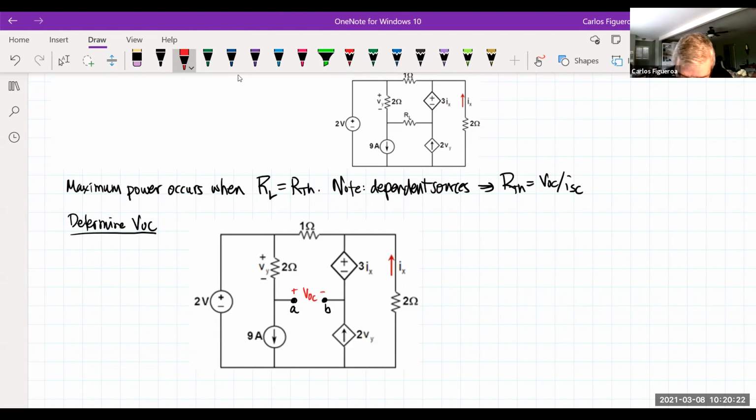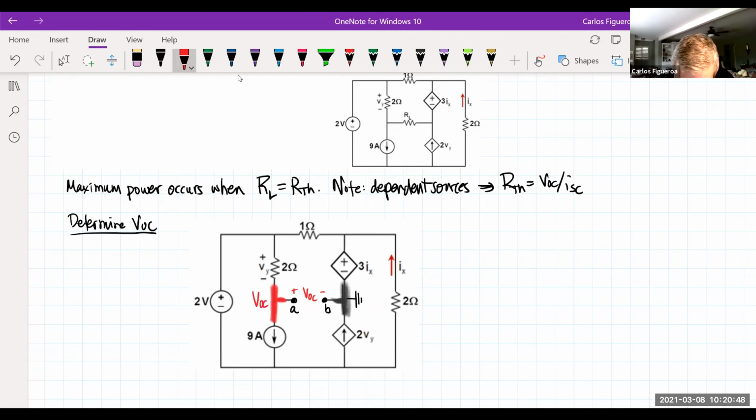I know that I have two voltage sources. I think I would put my ground right here. The only reason why I'm putting my ground is that now I can go in and I can define this node right here, VOC.